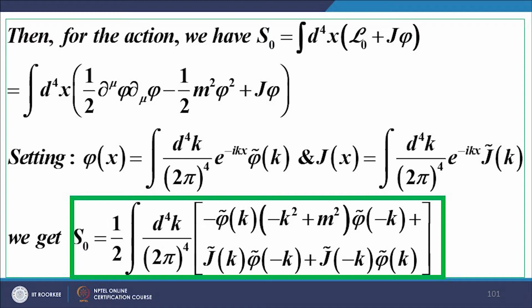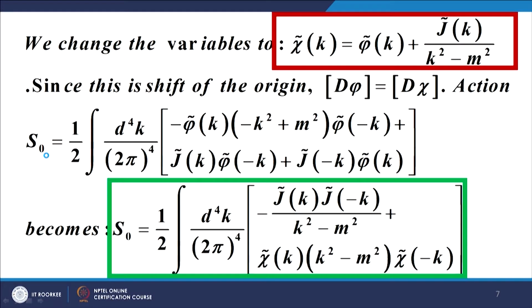phi(x) is equal to the integral of d^4k over (2 pi)^4, e to the power minus i k x, phi tilde of k, and similarly for J(x). We introduce a change of variables, chi tilde k replacing phi tilde k with an additional term J tilde k upon k square minus m square.